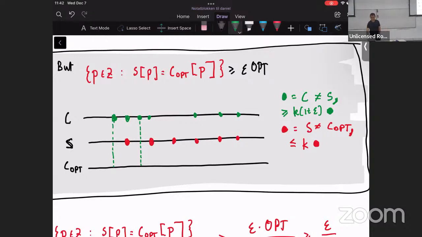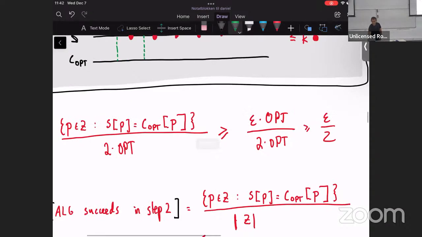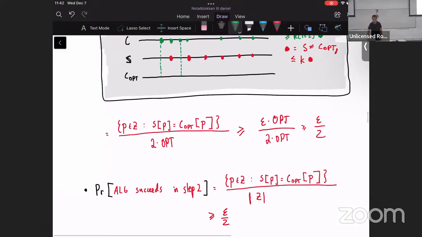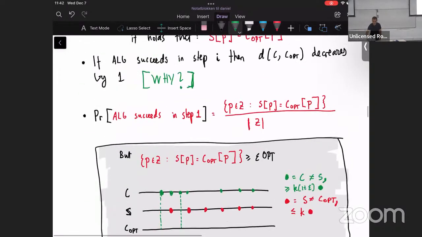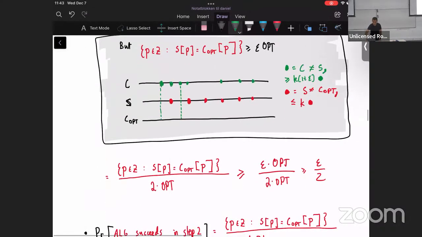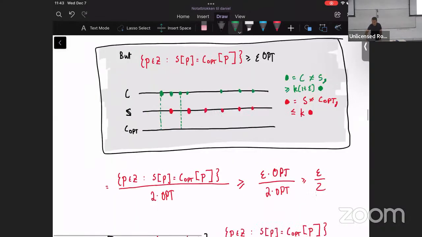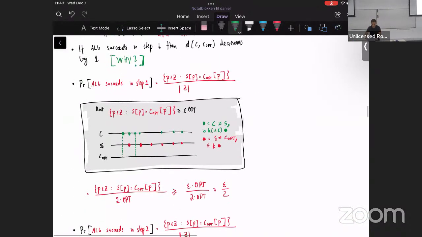So in particular, there are epsilon opt positions up top, and I claim that there are at most 2 times opt positions at the bottom. So Z is at most 2 opt. Why is Z at most 2 opt? If you remember, what are we trying to say here?